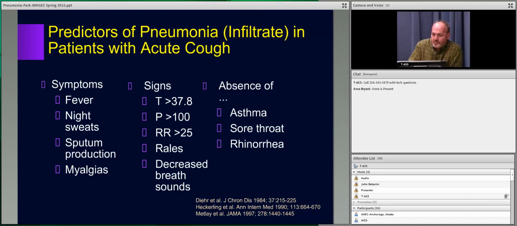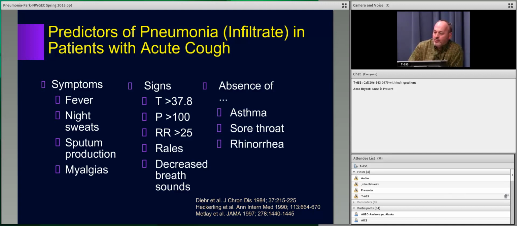There are symptoms, signs, and absence of features that predict that someone with an acute cough will have an infiltrate on their film, suggesting that it's pneumonia. The symptoms are fever, night sweats, purulent sputum production, and myalgias. The signs are fever, tachycardia, tachypnea, and focal breath sounds, rales and decreased breath sounds.